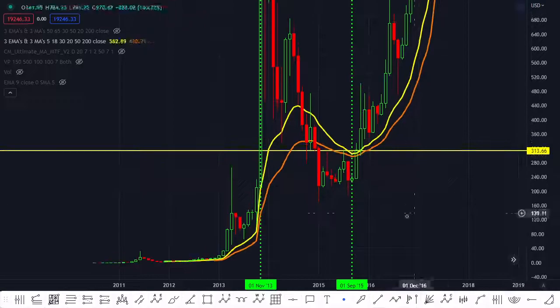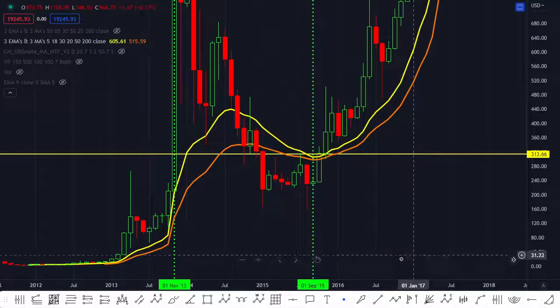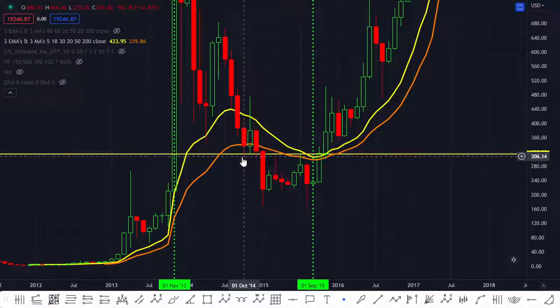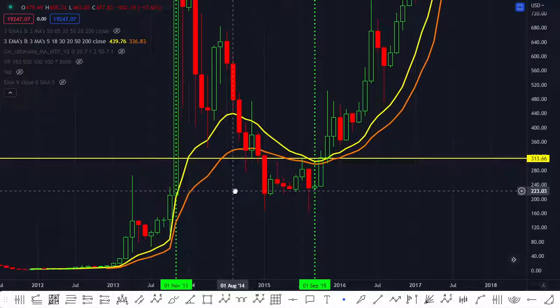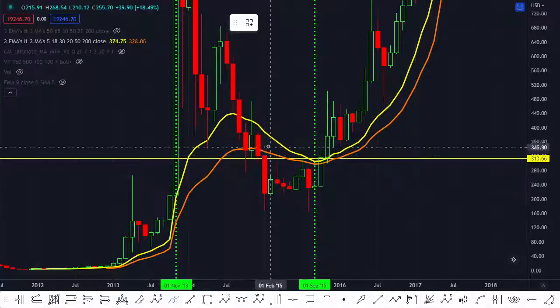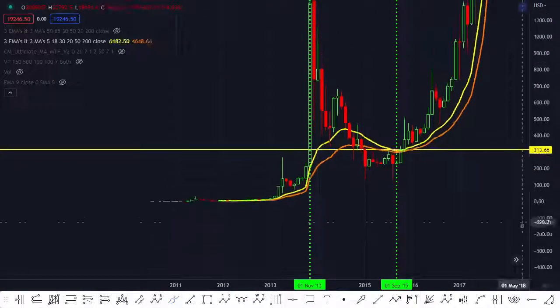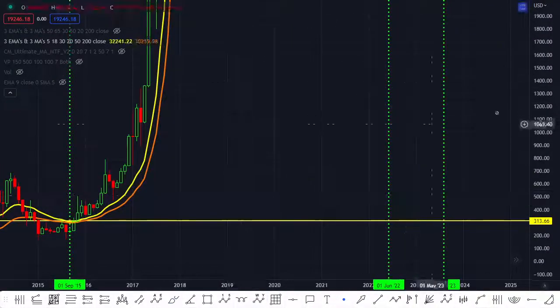And where they came close to touching, by the way, where you had this rejection, this wick, was actually the previous super lows that Bitcoin was holding. So this area right here, to put it into perspective, resembles our 28K region.